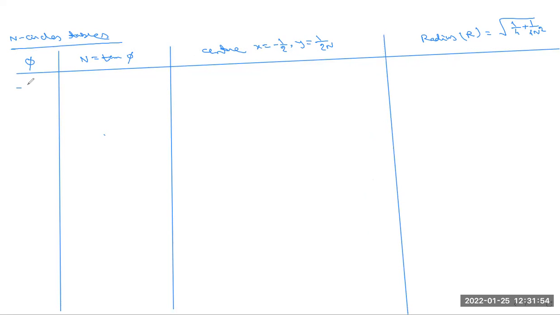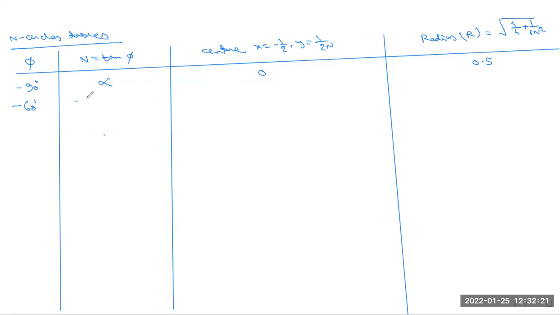So first, for angle phi you have to consider minus 90 degree. You know that tan 90 degree is infinite. So when this is infinite, the center point is 0 and the radius is coming 0.5. Then the angle of minus 60 degree.